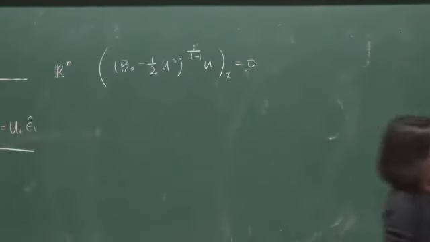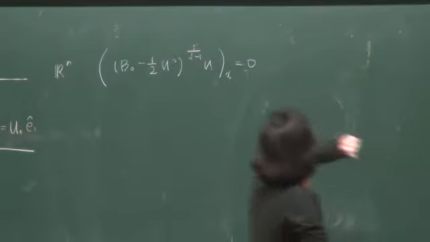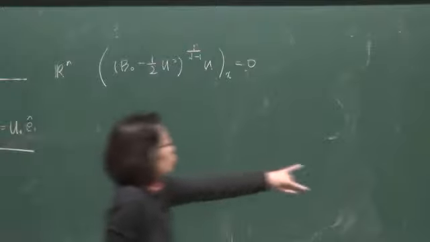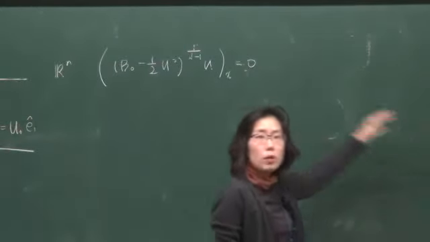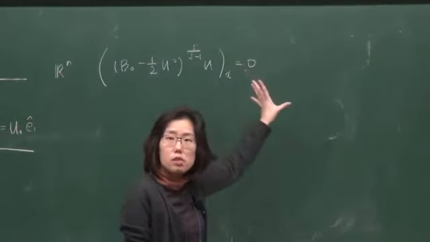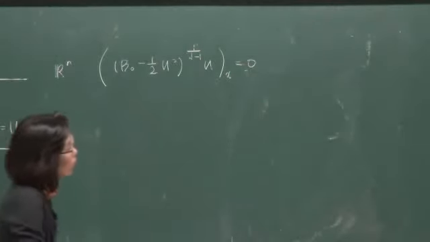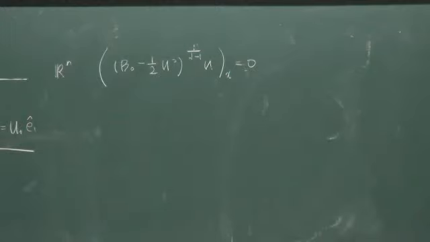So I reduced my system basically into just one ODE for speed U, and the other two are just algebraic equations. By solving this equation, if I find out my speed, then I find out my pressure and density. And this is called isentropic model.